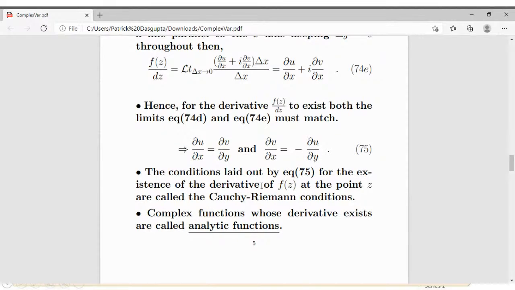These are called Cauchy-Riemann conditions, named after the mathematicians who obtained these results. Complex functions whose derivative exists are called analytic functions. All right. And you will see that analytic functions have very interesting properties.